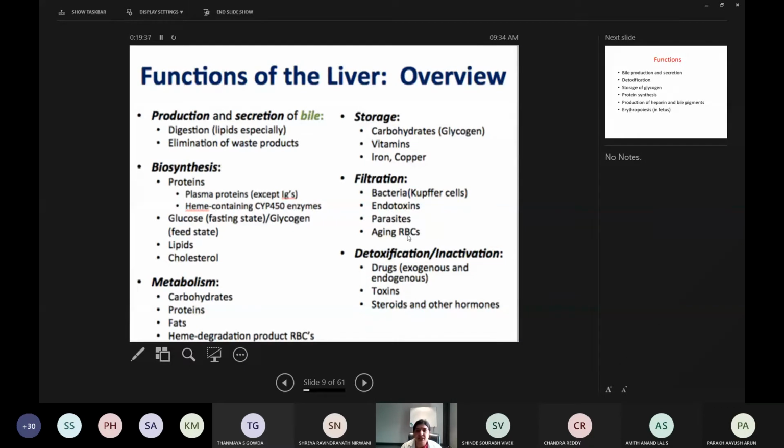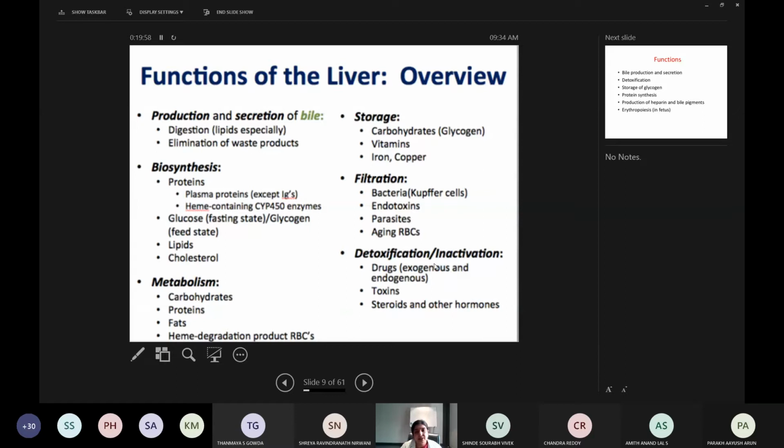The breakdown will be heme and globin. Globin will go to the amino acid pool, whereas heme is again broken down into further products and reused. Okay. Then the last important function is detoxification or inactivation.